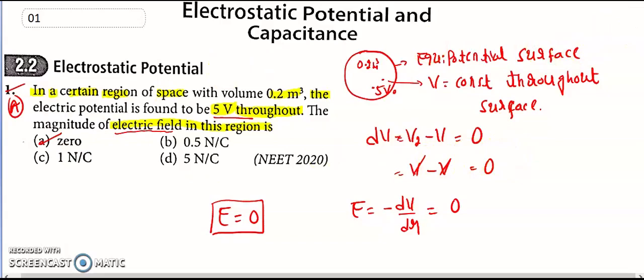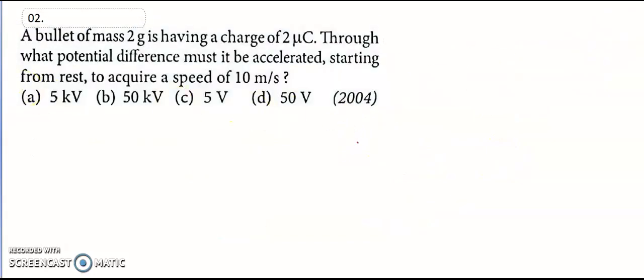So let's move to the second question. A bullet of mass 2 gram having a charge of 2 microcoulomb, through what potential difference must it be accelerated, starting from rest?